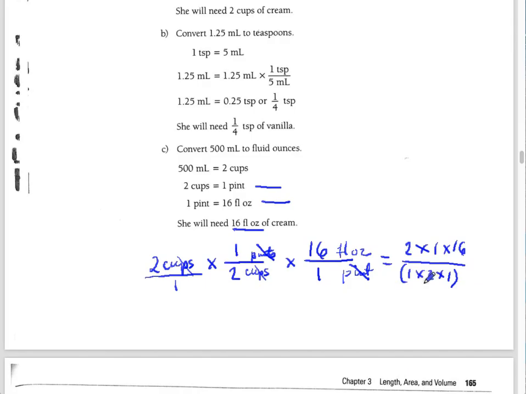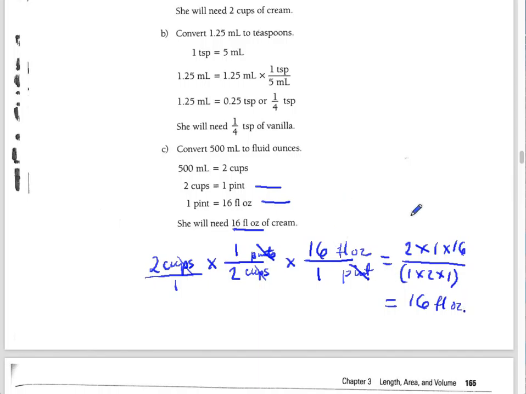If you're doing this on the calculator, you want to wrap the top part with brackets so that the top number gets divided by all of what's been multiplied on the bottom. You can see that that's going to equal 16 fluid ounces.